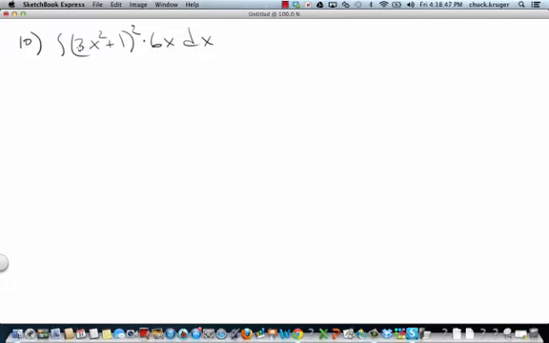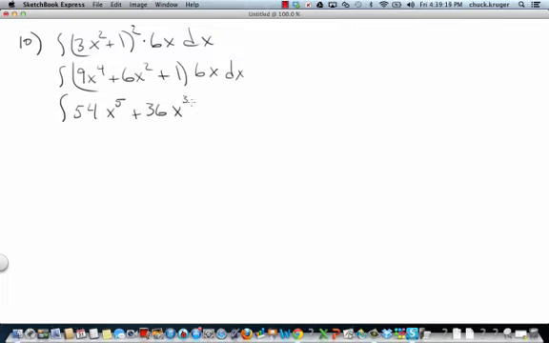One way I could do it is I could FOIL this and multiply through by 6x. So if I FOIL this, I'll get 9x to the fourth plus 6x squared plus 1, times 6x dx. And then I can multiply through, and I would get 6 times 9 is 54, x to the fifth, plus 36 x cubed plus 6x dx.